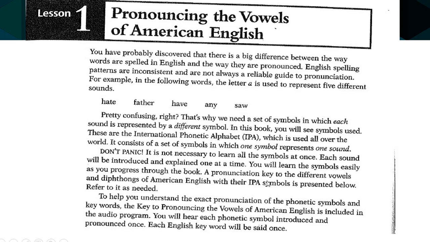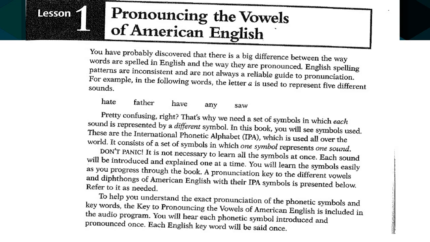A pronunciation key to the different vowels and diphthongs of American English with their IPA symbols is presented below. Refer to it as needed. To help you understand the exact pronunciation of the phonetic symbols and the keywords, the key to pronouncing the vowels of American English is included in the audio program.